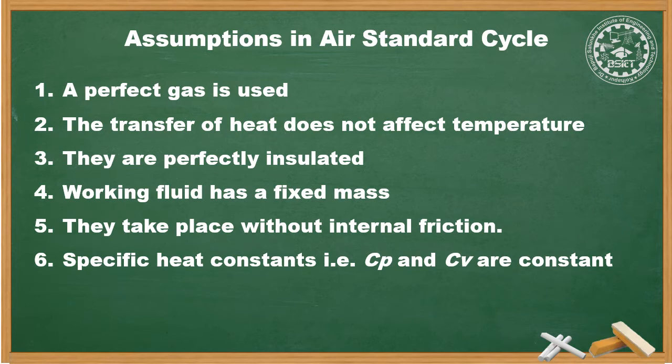Because of many simplifying assumptions, it is clear that air cycle approximation does not closely represent the conditions within the actual cylinder. Due to the simplicity of air cycle calculation, it is often used to obtain approximate answers to complex engine problems.